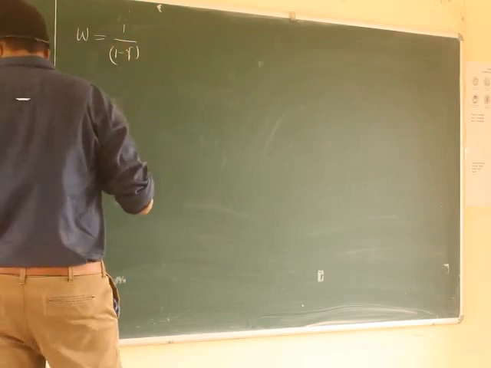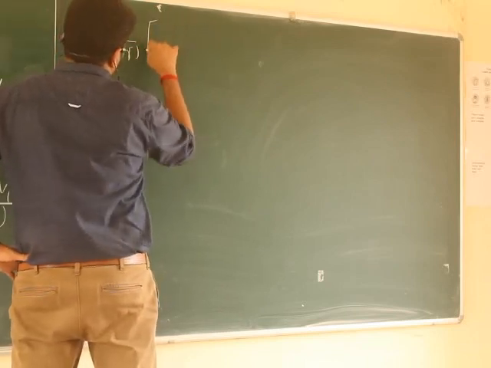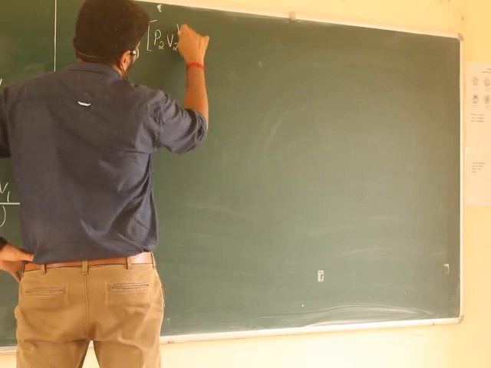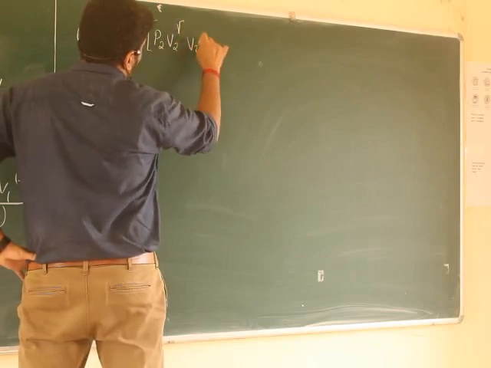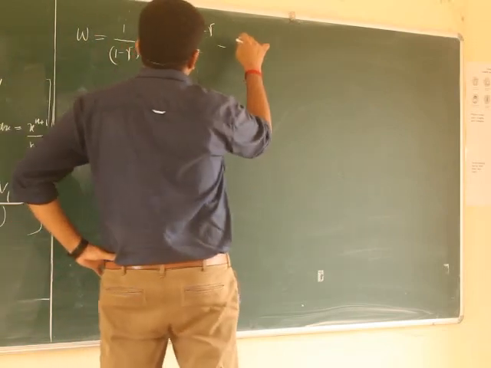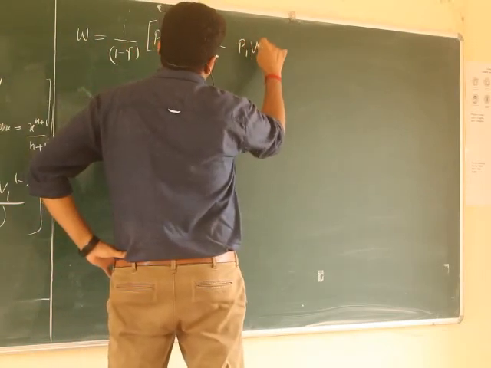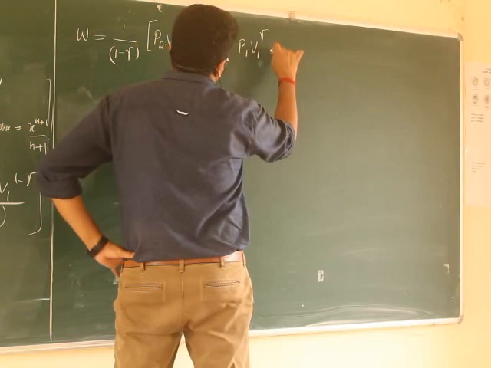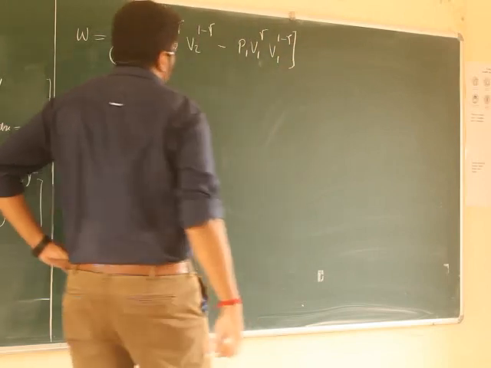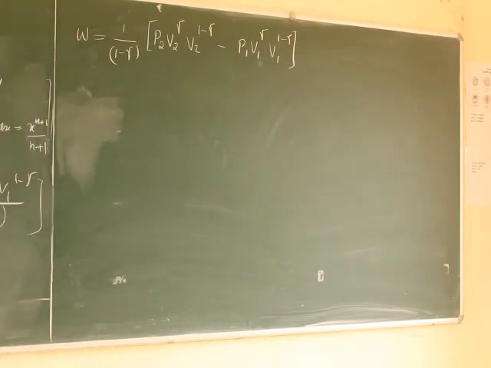After multiplying the K value, after substituting, what you get is P2 V2 gamma, already V2 to the power 1 minus gamma was there. Next minus P1 V1 gamma, already V1 to the power 1 minus gamma was there. Hope it is clear. Hope you are able to understand this. Hope it is visible clearly. Okay, done. Next.